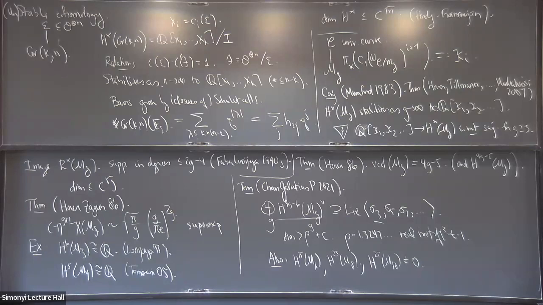But this doesn't see the automorphisms of the graph, whereas the isomorphism class of the curve does see that. So we have a disjoint union over gamma of M_gamma modulo this finite group, the automorphism group of the graph. And this plays a crucial role.